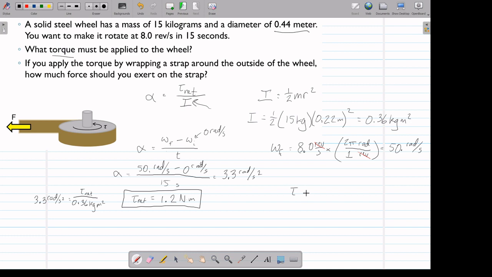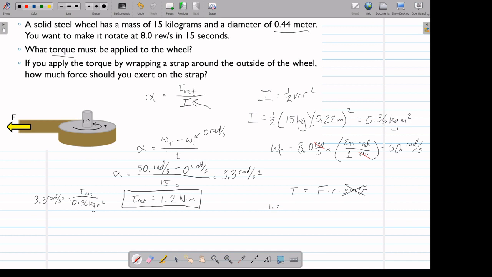We know that tau is equal to force times radius times sine theta. In this case, the force is being applied at a 90-degree angle to the radius of rotation, so sine theta is just equal to 1, and we can ignore that.